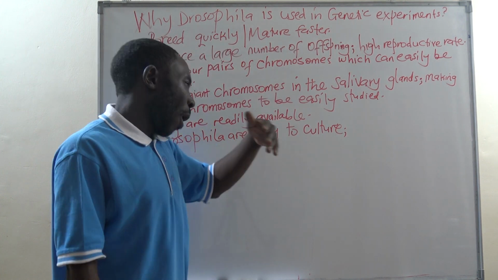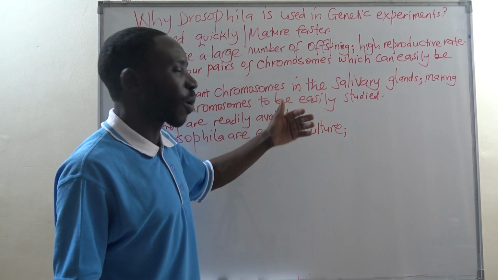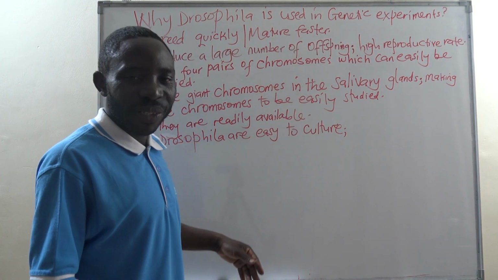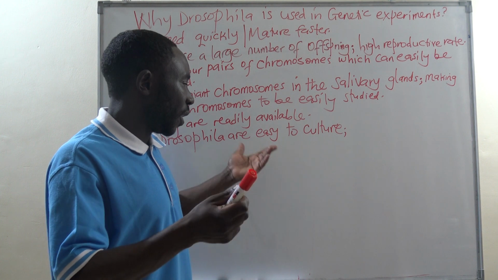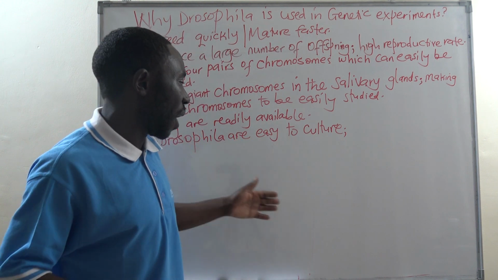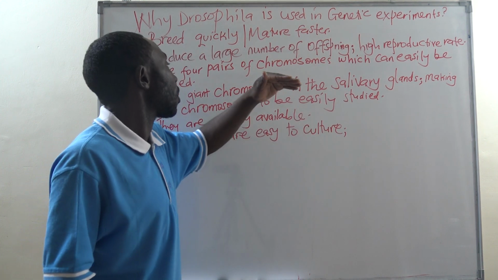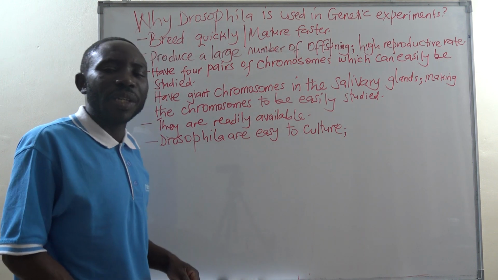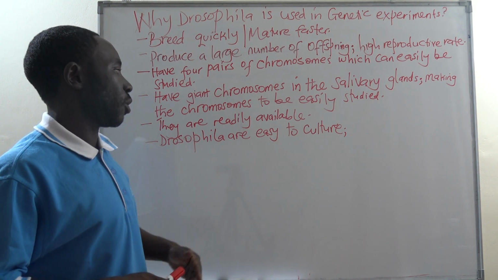That is what people would call rearing, but now we use a biological term called culture. Just like I have said, if you want the Drosophila, just cook food, leave it uncovered, or leave the utensils unwashed, and the Drosophila will begin appearing there. So they are easy to culture. Those are the reasons why Drosophila are used in genetic investigations or genetic experiments.